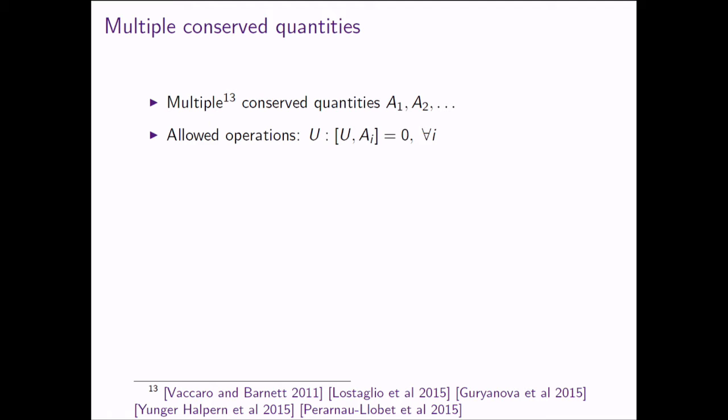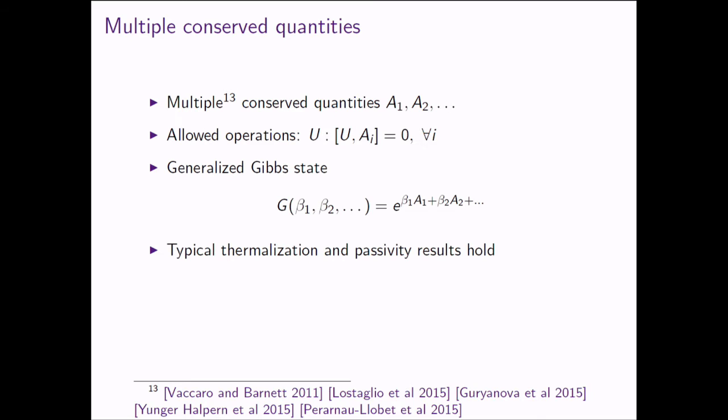What we say now is, so now we have these other observables, and our unitary also needs to commute with them, so it cannot add any momentum or any of these other things. So what do we get from here? Well, we get essentially most of the same results, but now for a different kind of Gibbs state, a generalized Gibbs state, where you have a different effective temperature for each of these observables.